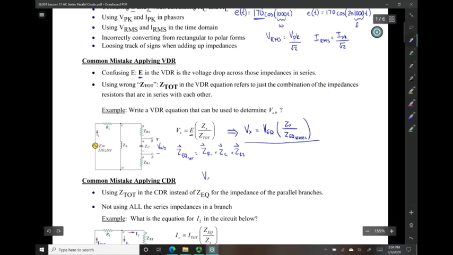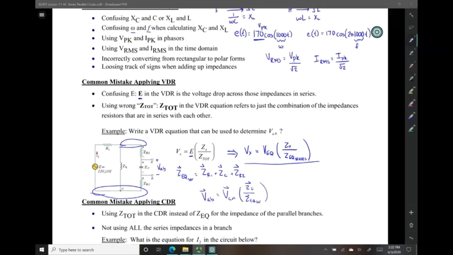And then V_AB would be equal to V_CN, that goes from here to here, the voltage drop between those two nodes, multiplied by the impedance of the element we're looking for the particular voltage drop across, over the equivalent series impedance.